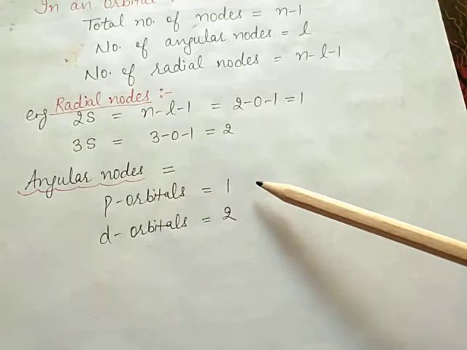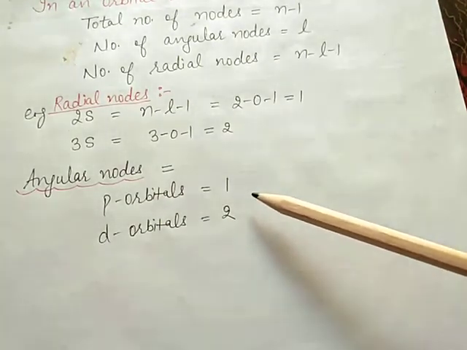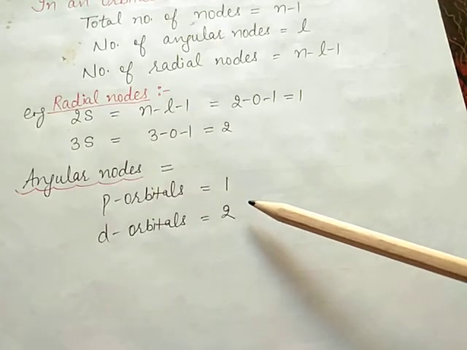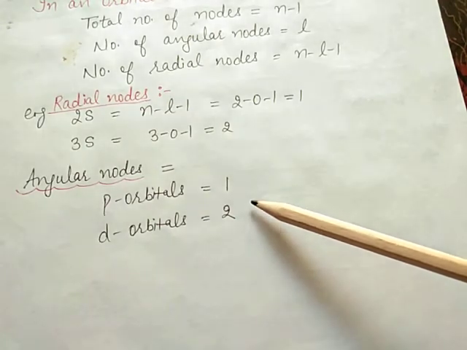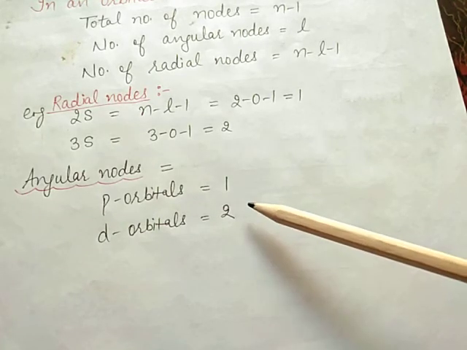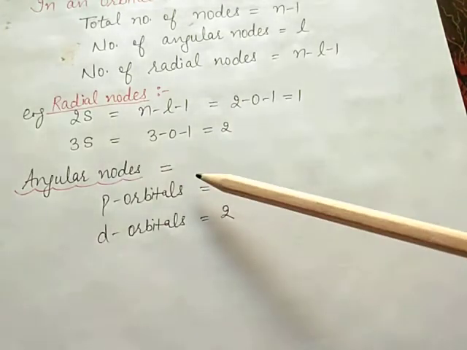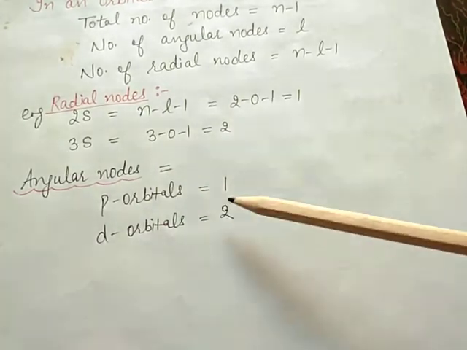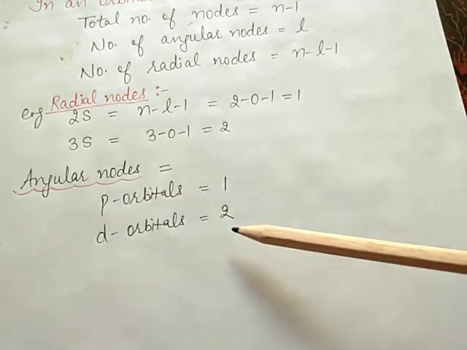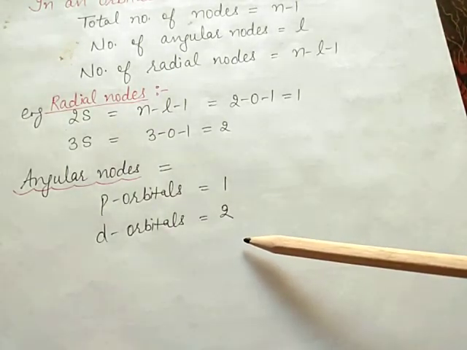In case of np and nd orbitals, the probability density functions are 0 at the plane passing through the nucleus. So these nodes are called angular nodes. It is denoted by l sign. l depends on the s, p and d orbitals because l is the azimuthal quantum number.